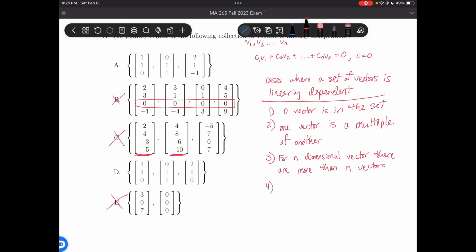So we know the columns of a square matrix are independent if the determinant of the matrix is non-zero.